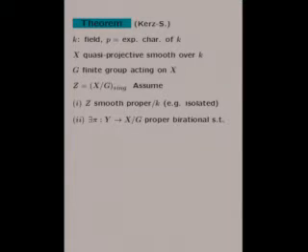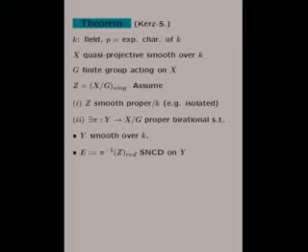So we assume the existence of a resolution of singularities: Y is smooth, pi is proper birational, the exceptional locus E is a simple normal crossing divisor, and pi is an isomorphism over the regular locus. That's the assumption, and then we would like to say something about the homology of the configuration complex of E.